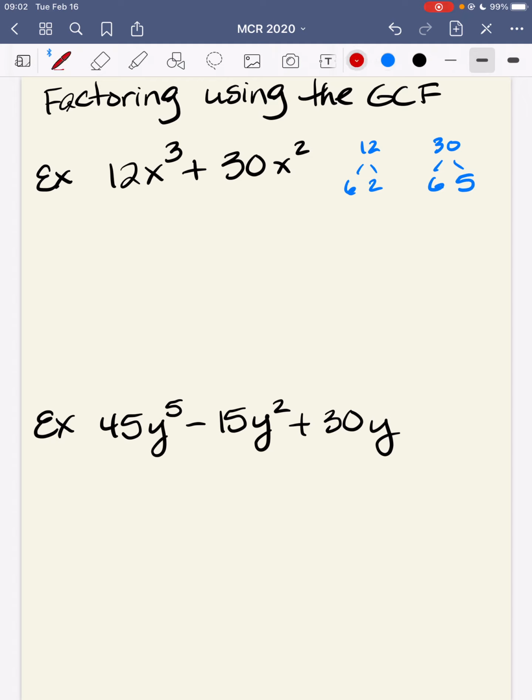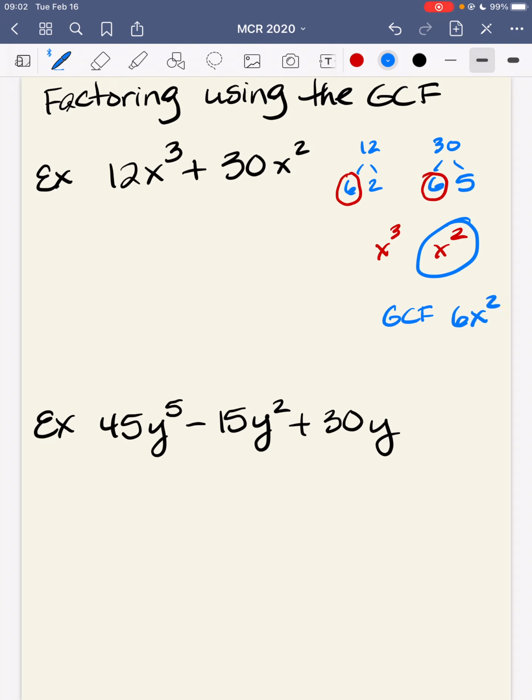So I can see that we have a 6 in common as far as the numbers go. And then I want to look at my x cubed and x squared. Remember, my smallest exponent is the number that I need, so I need an x squared. So my actual GCF is 6x squared.